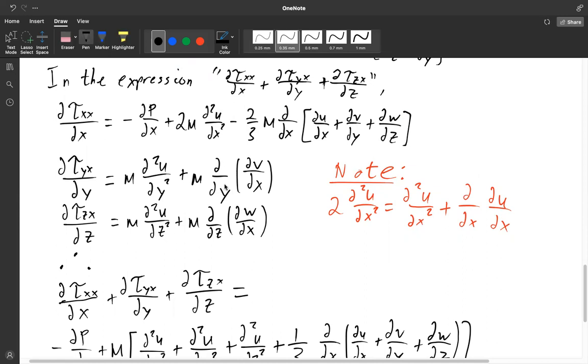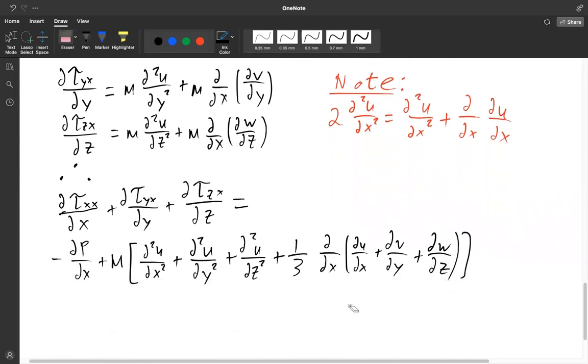We can switch this around: this will be partial x, this will be y, and this will be z. That's why we're able to pull this partial x out of this expression.